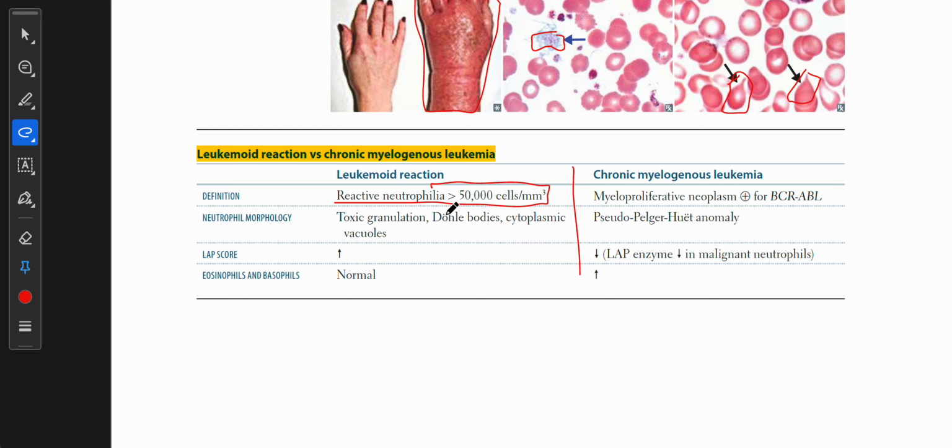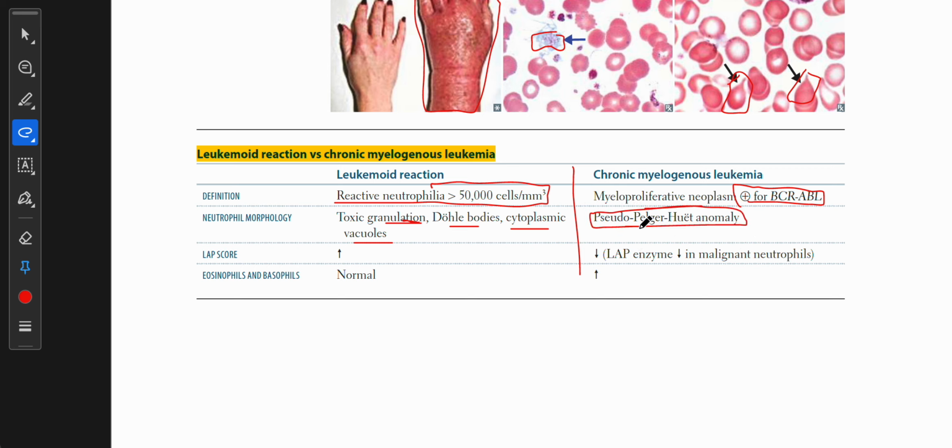So chronic myelogenous leukemia is a myeloproliferative neoplasm, and it is positive for the BCR-ABL fusion gene. And for neutrophil morphology, in leukemoid reaction there is toxic granulation, and Dohle bodies are present. Cytoplasmic vacuoles are also present. And for neutrophil morphology, pseudo-Pelger-Huet anomaly is present in CML.